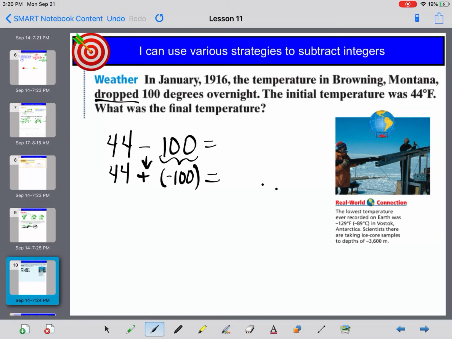Then the rules we learned yesterday were to subtract the two numbers and give the sign of the bigger absolute value. When I subtract, I get 56, and negative 100 has the larger absolute value, so my answer is negative 56 degrees Fahrenheit. Okay?